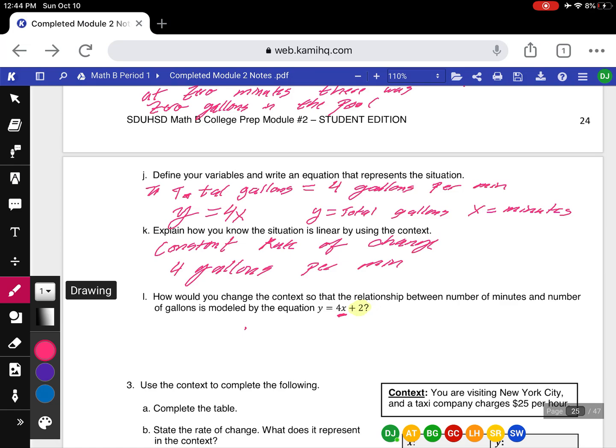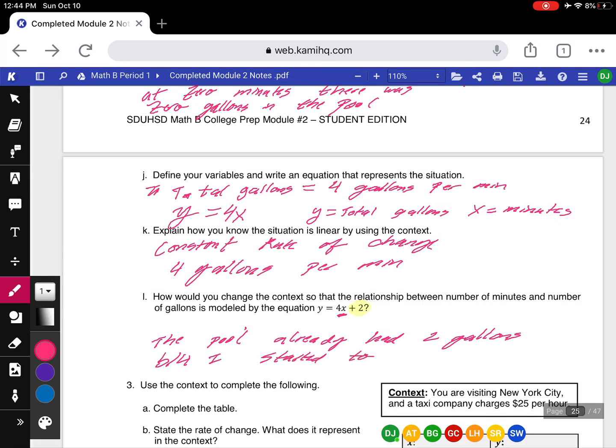Now, if we're talking about water in the pool, this is saying, well, when we showed up, there were already 2 gallons. So the pool already had 2 gallons before I started to fill it up.